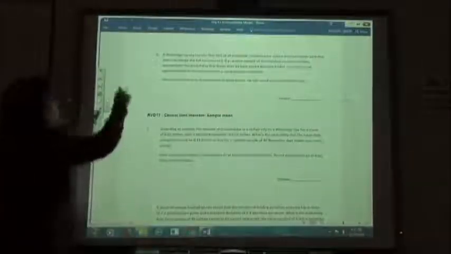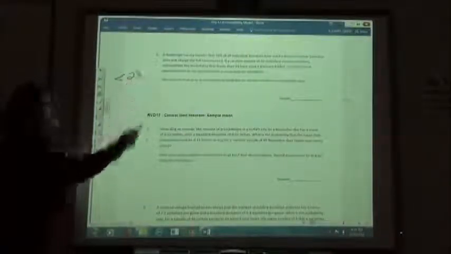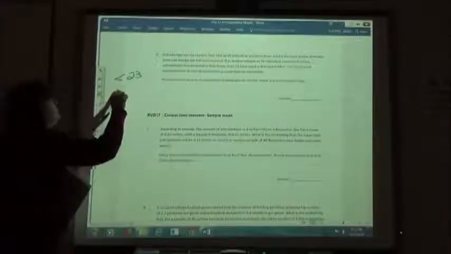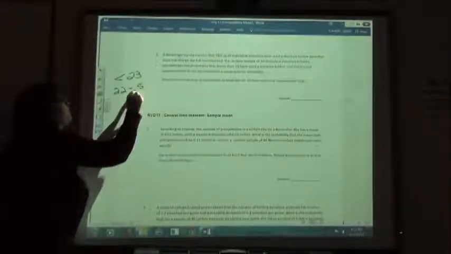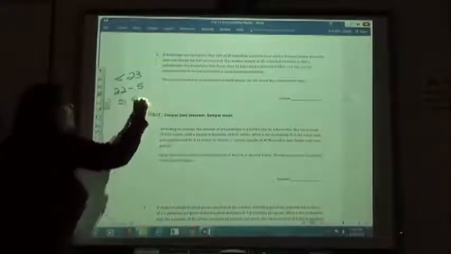Fewer than 23 would be less than 23, right? So then we want to look at that little table. If we have a less than, do we want to use a plus or a minus 0.5? We had to do minus 0.5.